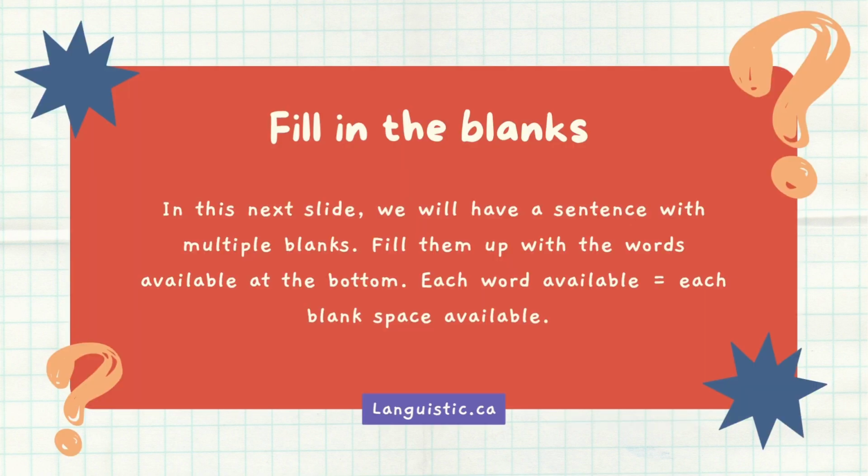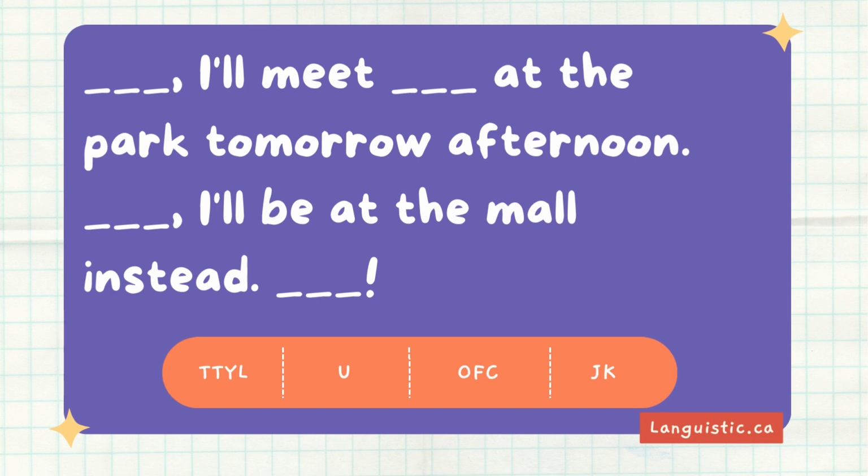Guys, we have one last one, a bonus one. Fill in the blanks. In the next slide, we will have a sentence with multiple blanks. Fill them up with the words available at the bottom. Each word available is equal to one blank space available. Let's start. Blank, I'll meet blank at the park tomorrow afternoon.